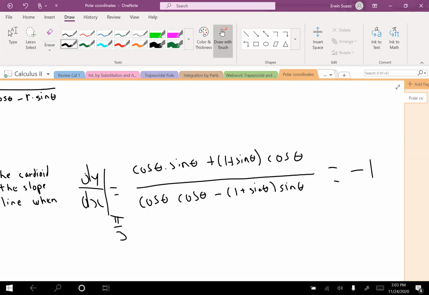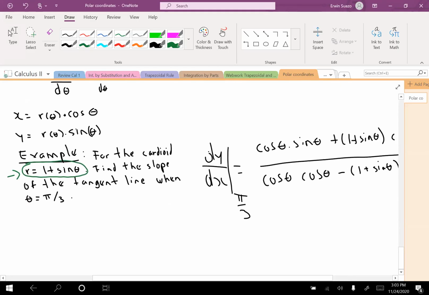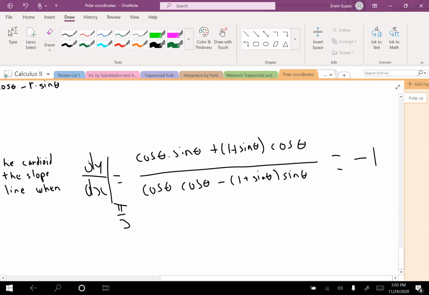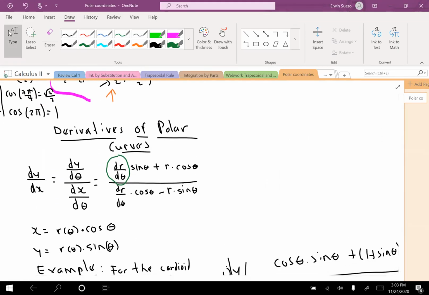And now they're asking, find the slope of the tangent line when, yeah, okay, so just the slope. So that's the slope. So that's the answer, -1. Okay. So I just want to give you an example how to use this formula, because I'm gonna give you this formula in the exam.